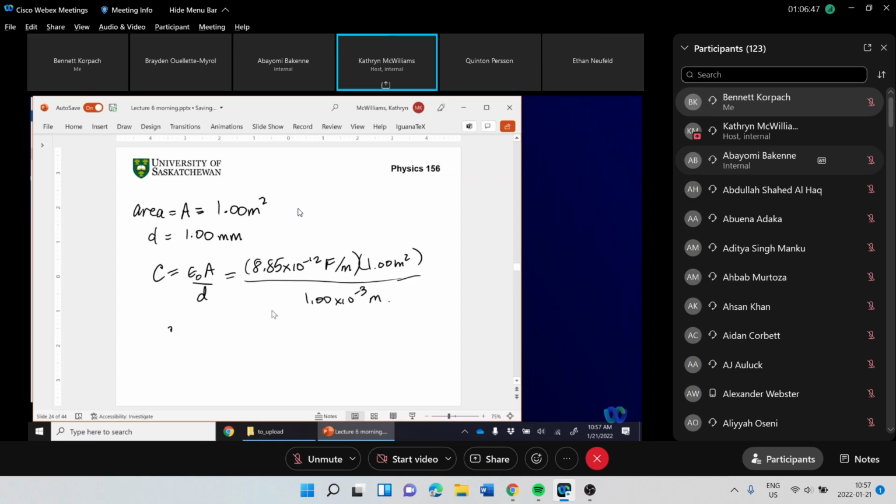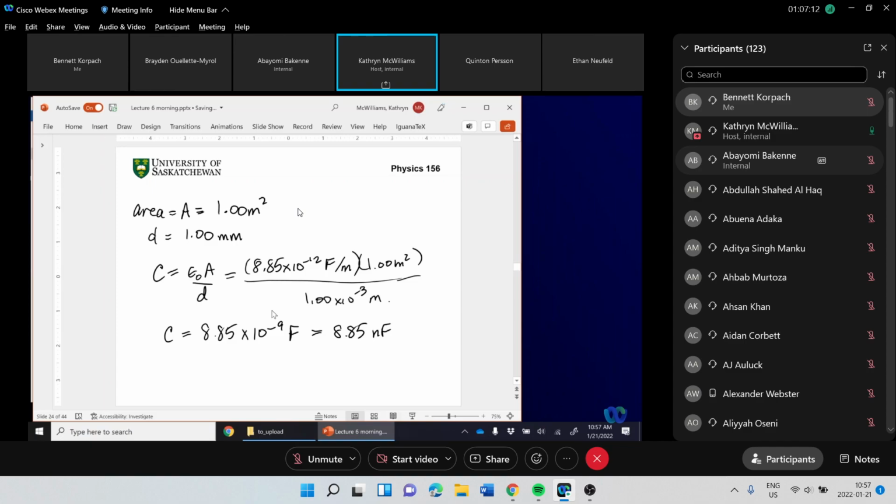So we get capacitance equal to 8.85 times 10 to the minus 9 farads, or 8.85 nanofarads. Very straightforward. So that's the capacitance of that device.